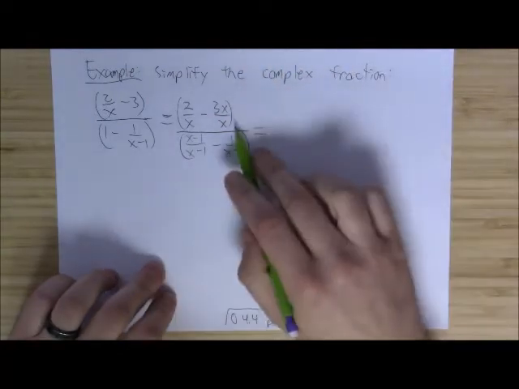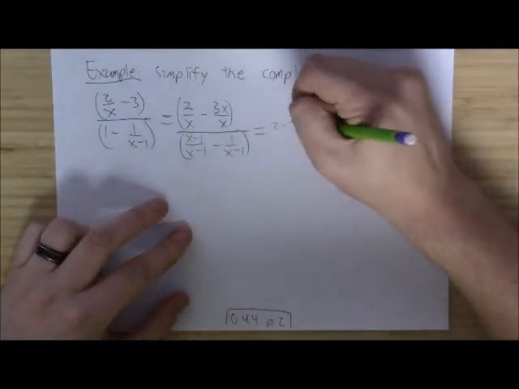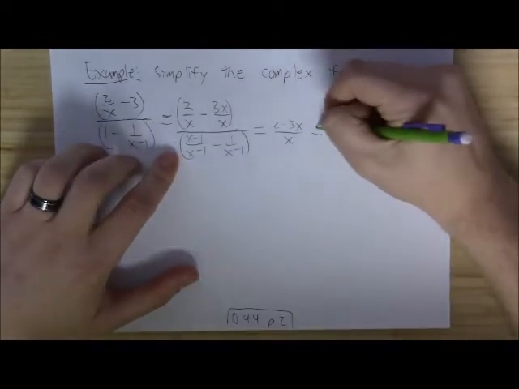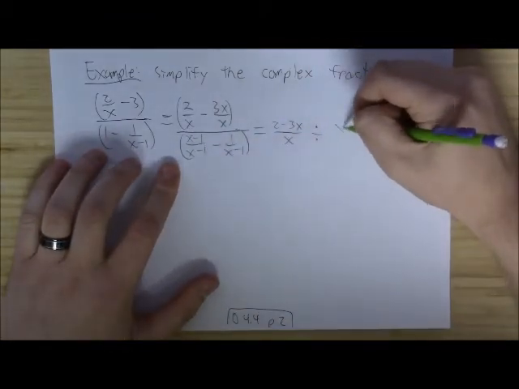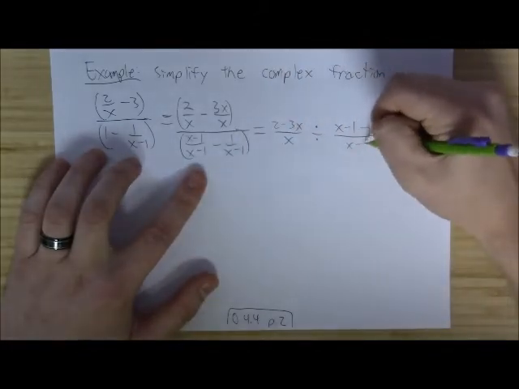So what do we actually have here? Well, if we put these together, we actually have 2 minus 3x over x. And what we're doing is we're dividing by all of the bottom, which is x minus 1 minus 1 over x minus 1.